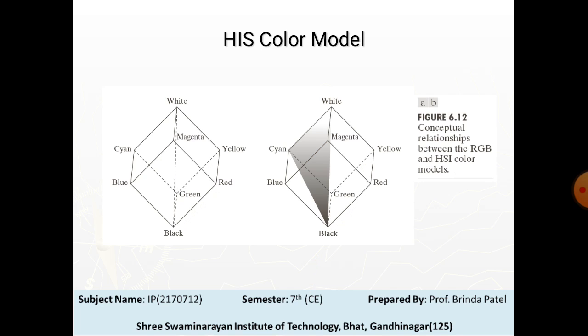Here an RGB color image can be viewed as three monochrome intensity images, so it should come as no surprise that we should be able to extract intensity from an RGB image.